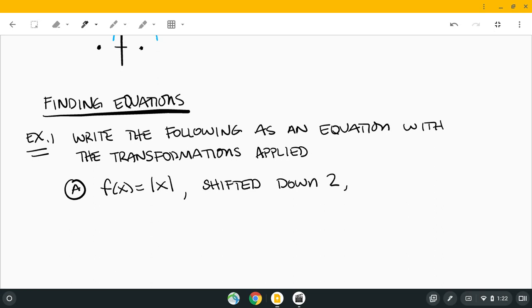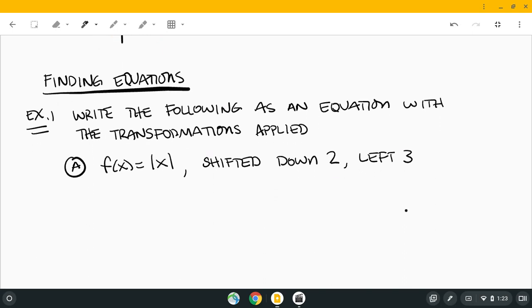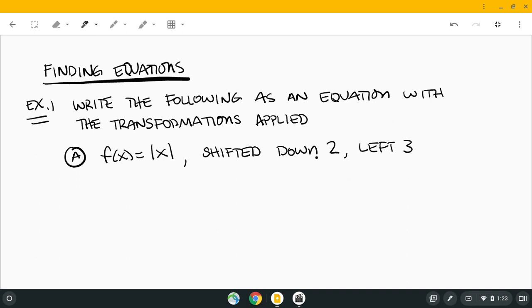So you would need to write a function that does these actions on this function over here. If we want it shifted down 2, that means we have to subtract 2. And if we want it to shift left 3, then we have to add 3 to the x.